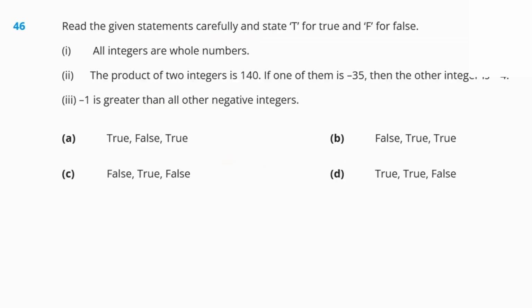Moving on to the next question, number 46. You have to state true and false for the respective statements given. The first statement reads, all integers are whole numbers. Are all integers whole numbers? No. Whole numbers start from 0, whereas integers are negative also. The first one is false. Next, the product of two integers is given to be 140. If one of them is minus 35, the other has to be minus 4.